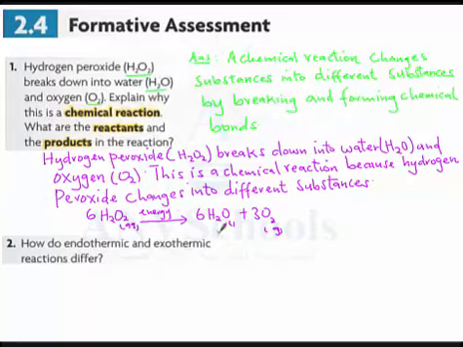These are the products, and this is the reactant.